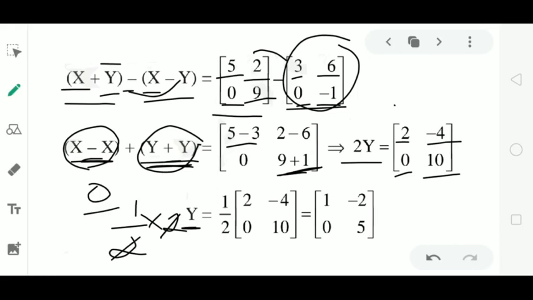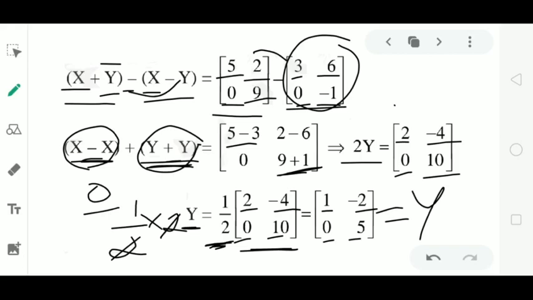In RHS, we multiply 1 by 2 to the matrix. This gives us 1 by 2 into 2, which is 1. 1 by 2 into minus 4 is minus 2. 1 by 2 into 0 is 0. 1 by 2 into 10 is 5. This gives us matrix Y.